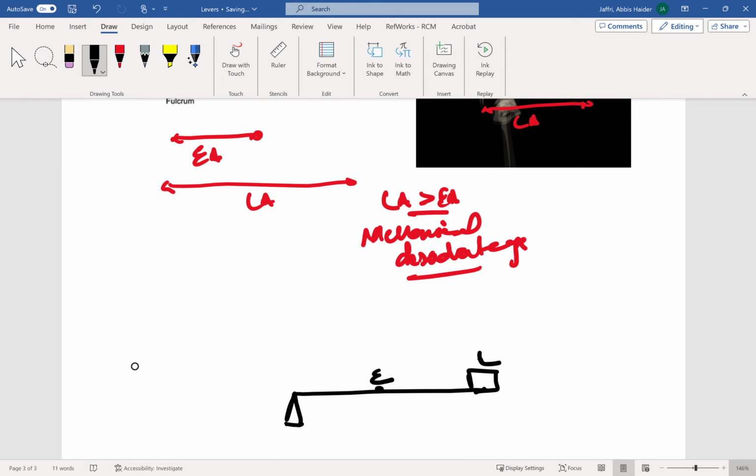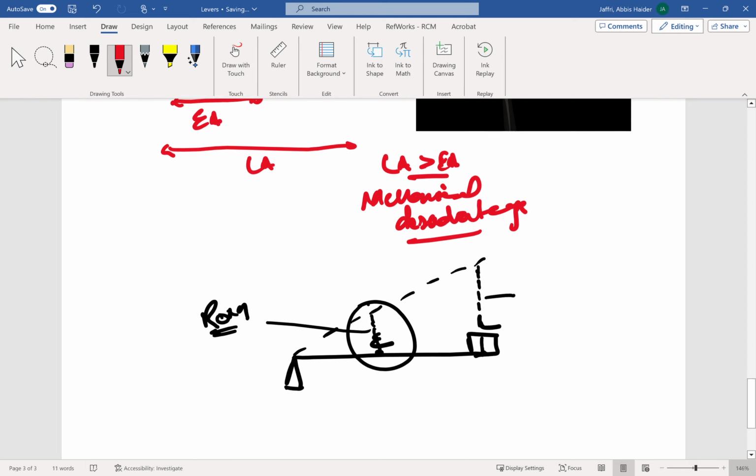The important aspect to know here is that if you move this effort, or your bicep, let's say you move this here, then this is the range of motion that you have covered with your muscle. However, the range of motion of the load is way greater than what your effort is covering.